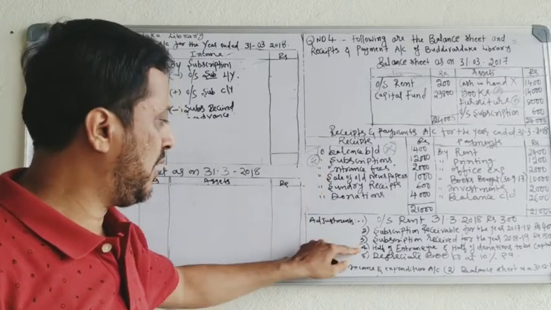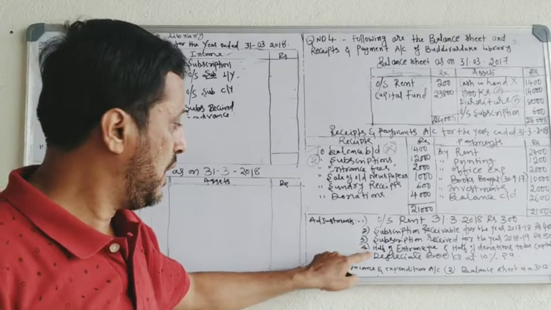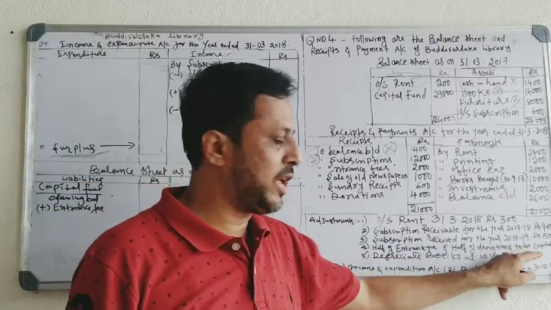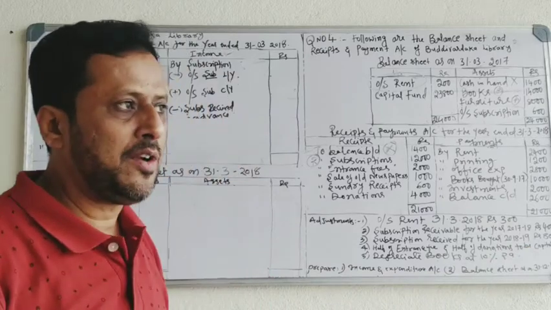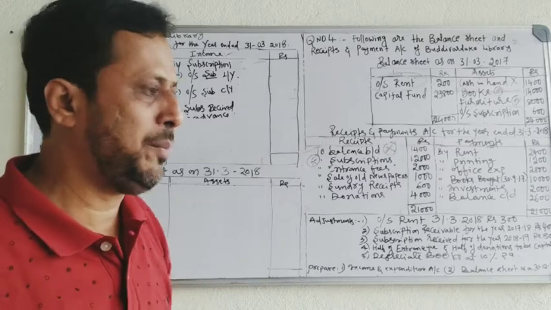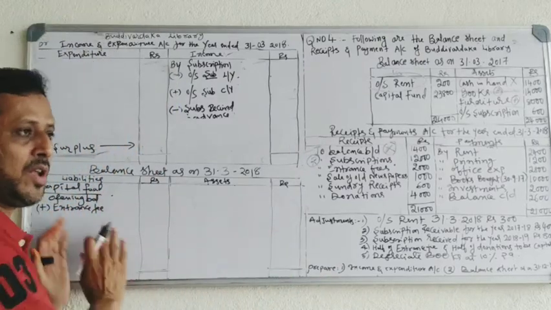Entrance fee. What is said about entrance fee in the fourth adjustment? Half of the entrance fee and half of the donation are to be capitalized. Half entrance fee and half donation you have to take as capital receipt and record in the balance sheet.